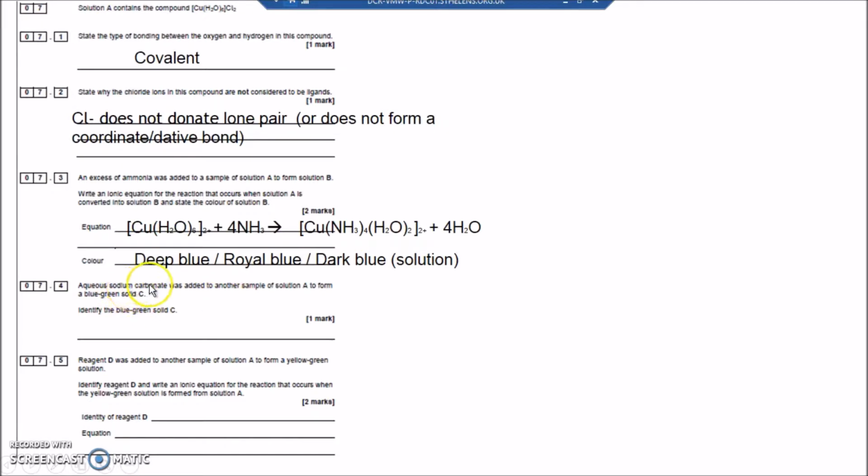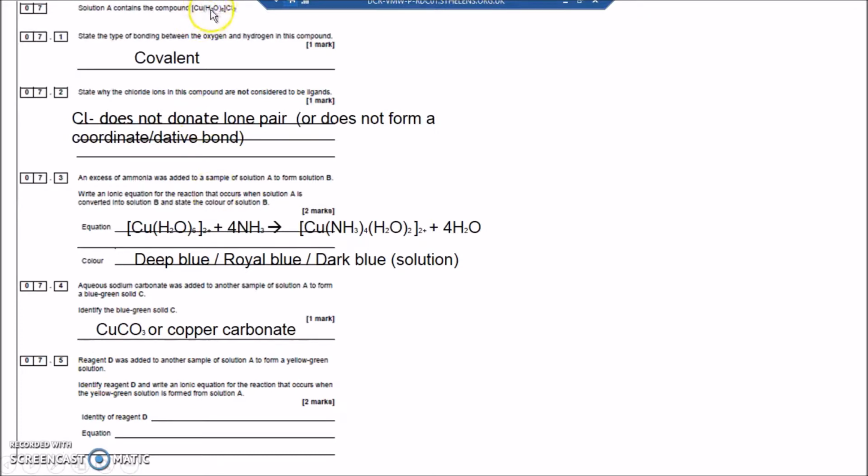An aqueous sodium carbonate was added to another sample of solution A to form a blue-green solid C. So A is copper, so it's going to make copper carbonate, a blue-green solid. Reagent D was added to another sample of solution A to form a yellow-green solution.